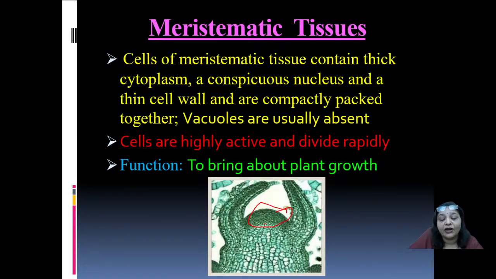This part is called the apex or the apical part of the stem. In certain plants, it also has an apical cell that undergoes division and forms a meristematic tissue. The meristematic tissue continues dividing and growing. So the growth of the plant depends on the meristematic tissues, right?